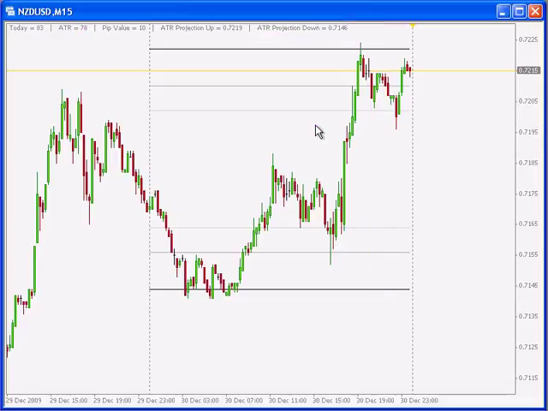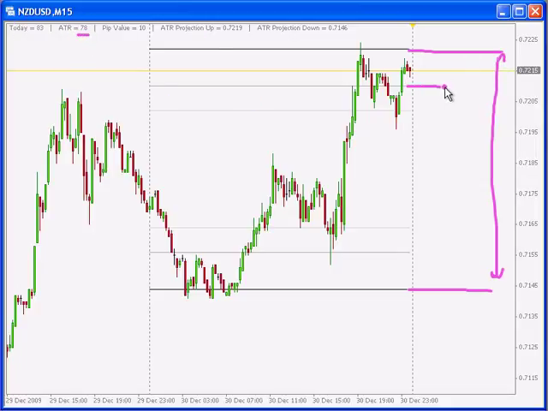Now, you will probably notice there are a few floating lines on my screen. These outer bands are the 100% of the average daily range. Basically, the distance between these two bands is 78 pips.